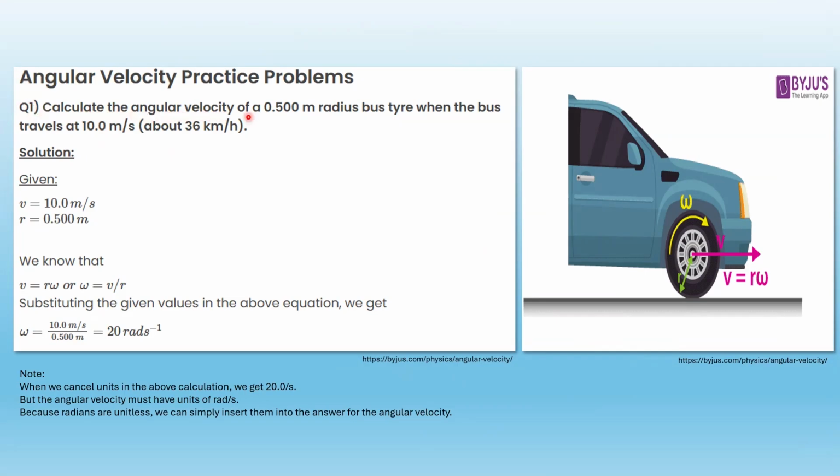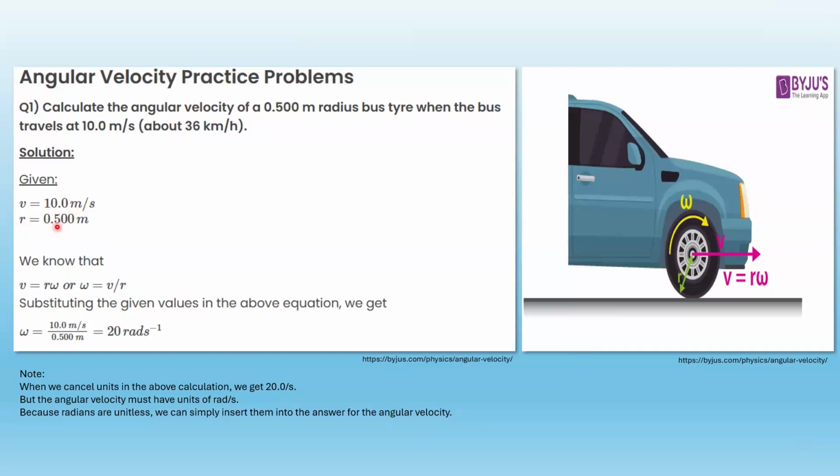Calculate the angular velocity of a 0.5 meter radius bus tire when the bus travels at 10 meters per second, which is about 36 kilometers per hour. Solution. We have the velocity of 10 meters per second, so that will be the tangential, or the linear velocity here.